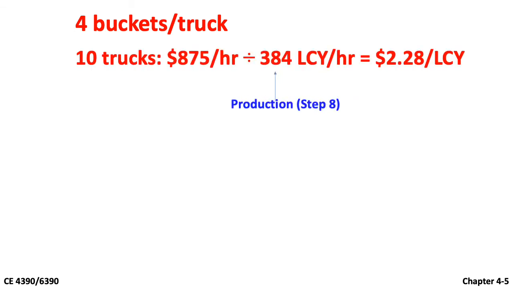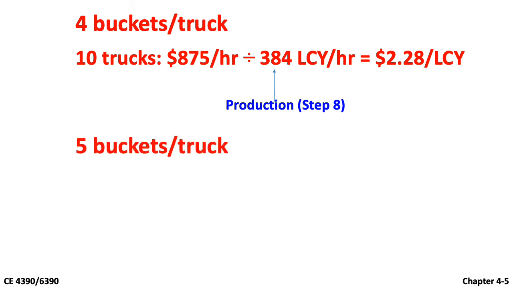For option 1, 4 buckets and 10 trucks, the unit cost is equal to the total hourly cost, $875 per hour, divided by the production of 384 loose cubic yards per hour, which we found in step 8, or the unit cost is equal to $2.28 per loose cubic yard.